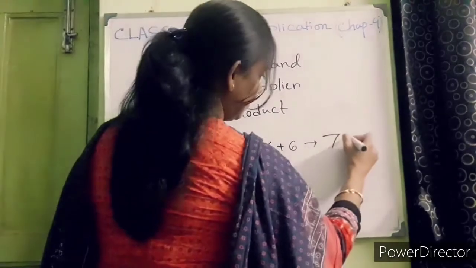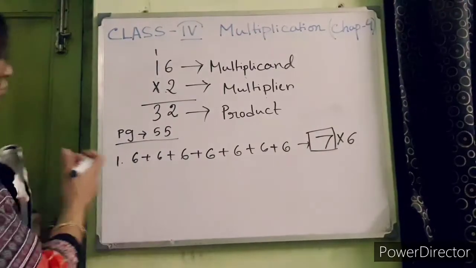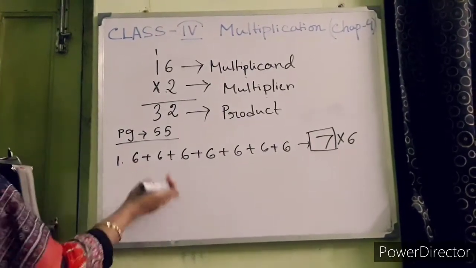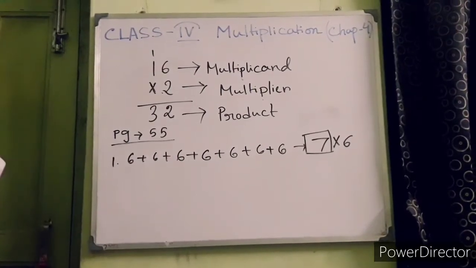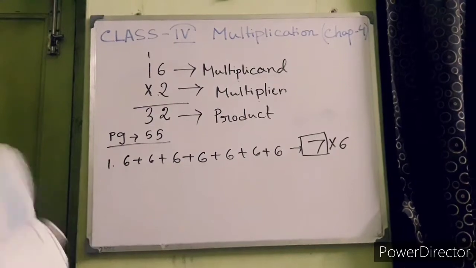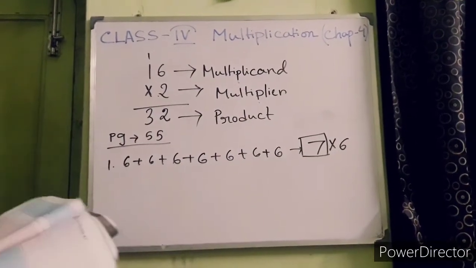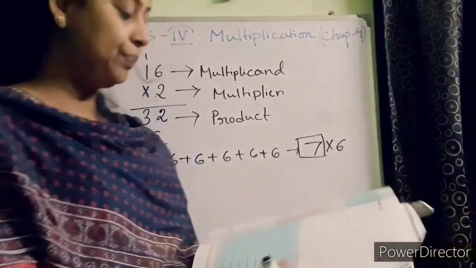So 7 times 6. 7 into 6, 42. So when you add all the 6s, you will get 42 also. Questions 2, 3, 4, 5, all of you do in your book. This will be your homework.